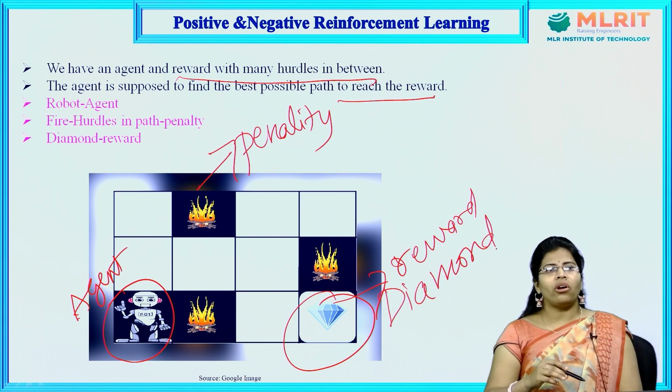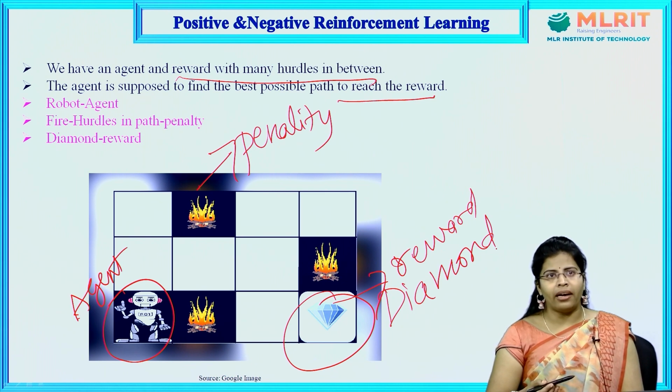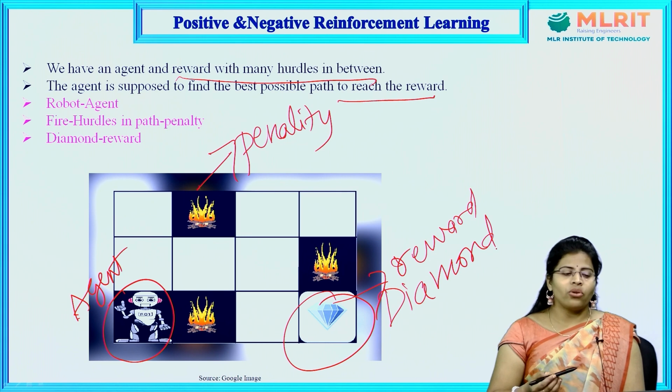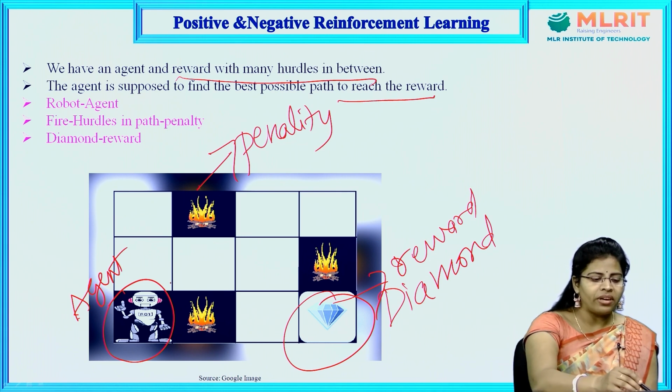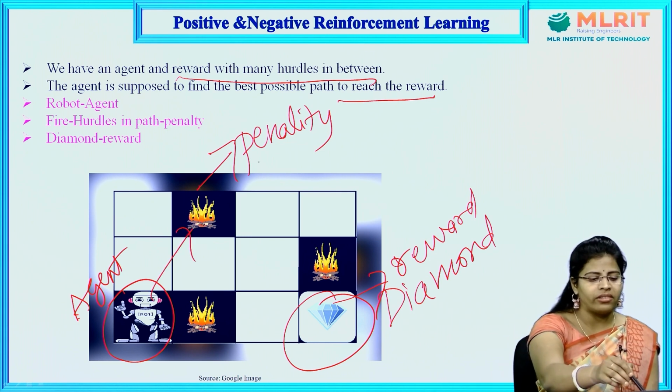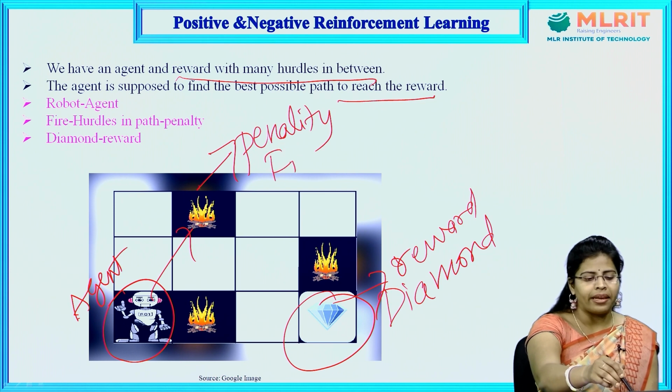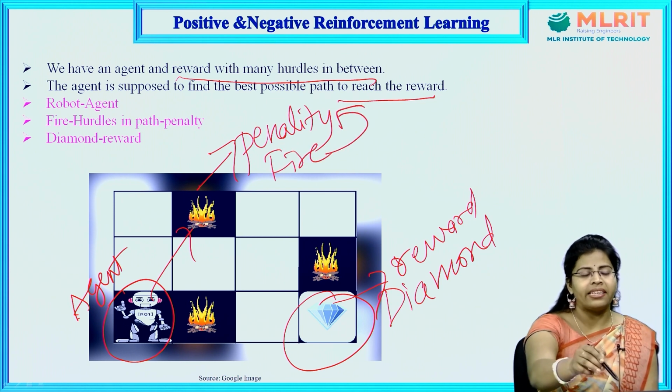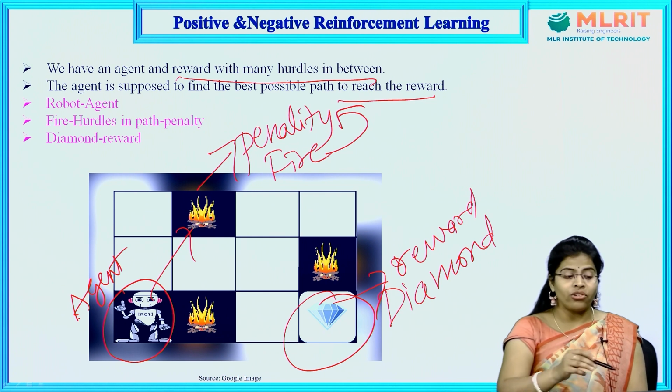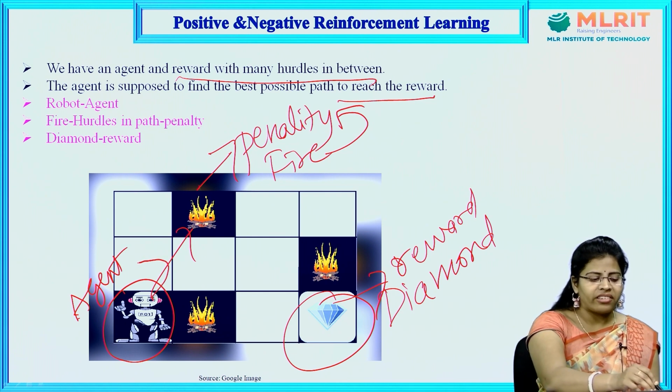So he should select a particular path to reach from source to destination, that is the diamond. He should not cross over the fire hurdles, otherwise he is going to get a penalty for it. He should not go to the back step.